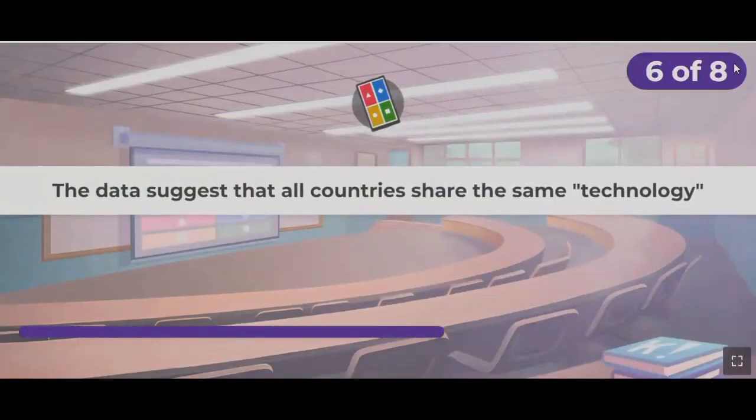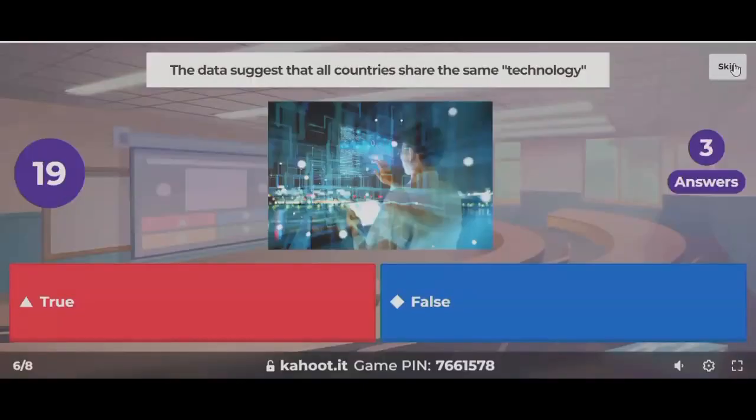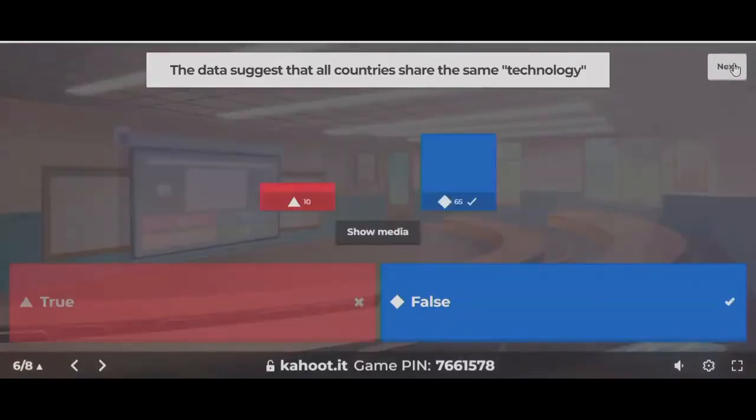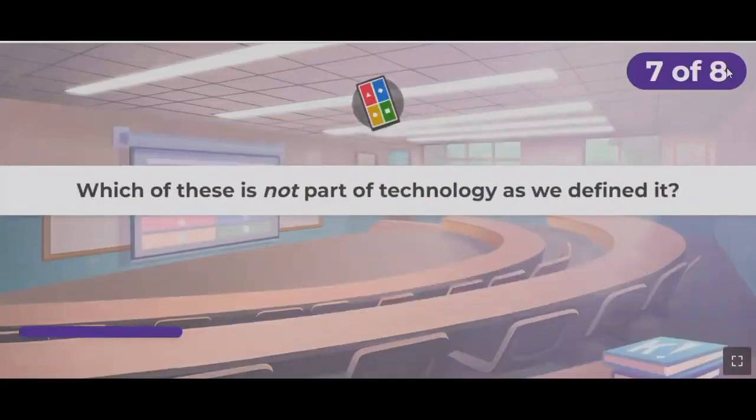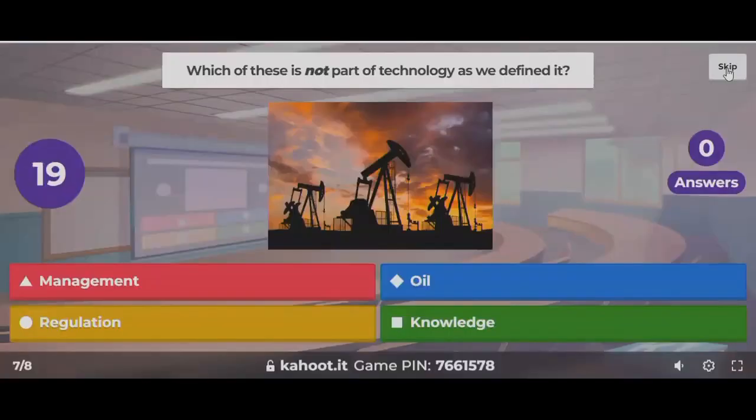Data suggests that all countries share the same technology. True or false? Where technology is defined as on the board. Of course, the answer is false. There are huge differences in GDP per capita. Next, which of these is not part of technology as we defined it?